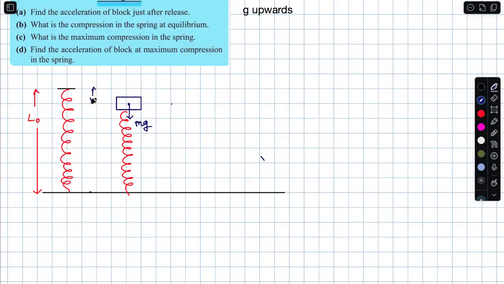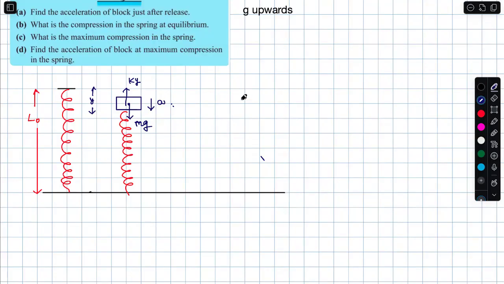By that time, say it has compressed by an amount y. So therefore, the spring will experience two forces, and it may have an acceleration A like this.